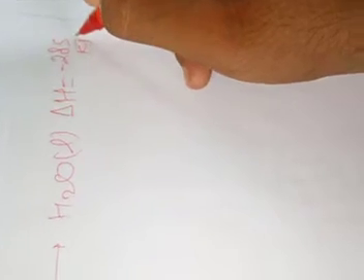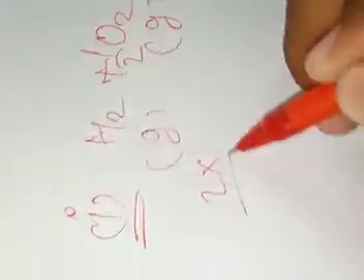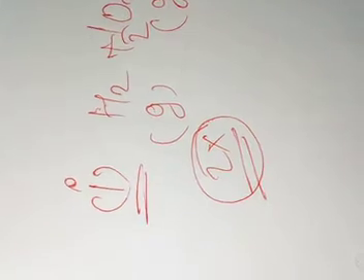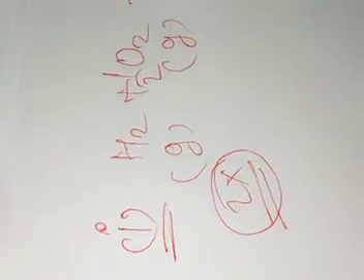Its heat of reaction is given as 285 kilojoule. Suppose it is given as 100 kilojoule per mole. If the whole reaction is multiplied by 2, then we have to multiply the delta H of this reaction by 2. This is the point.